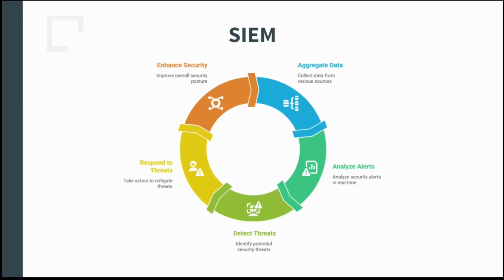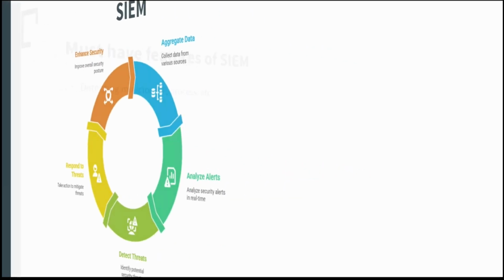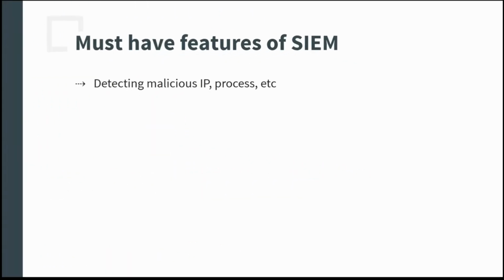When I say a SIEM solution, I personally believe every SIEM solution should have a certain set of features. The first one I would say is detecting malicious IPs. Not only that, a SIEM solution should have the ability to detect malicious URLs and domains, etc. If any such IP is detected in your environment, SIEM should flag it as a malicious IP and alert the users so that they can take necessary actions.